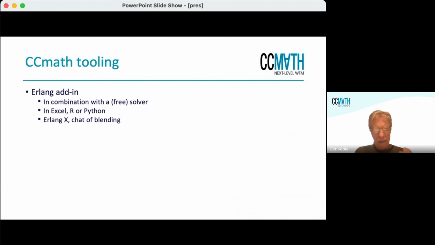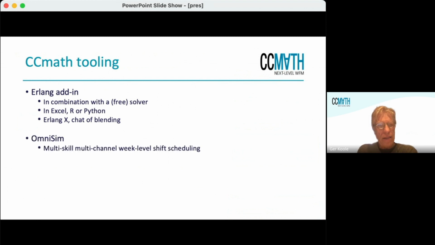And then, of course, you can use this Erlang X that I showed, but also use the tooling for chat or blending. We have a more advanced tool that can handle very general multi-skill, multi-channel situations. There is way more complicated tooling than the solver under the hood, and that does week level shift scheduling for call centers, which you can make as complicated as you want.